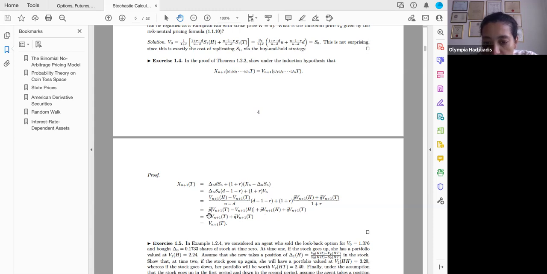So this is p̃ (V_{n+1}(H) − V_{n+1}(T)) − V_{n+1}(H) + p̃ V_{n+1}(H) + q̃ V_{n+1}(T).